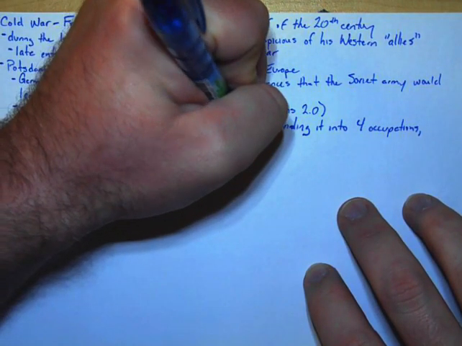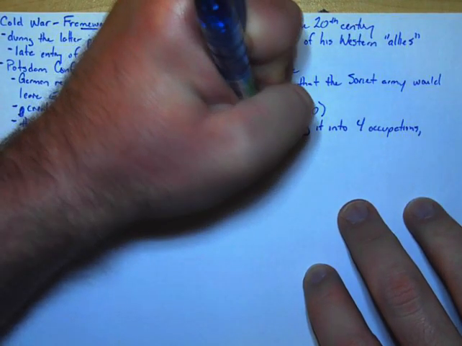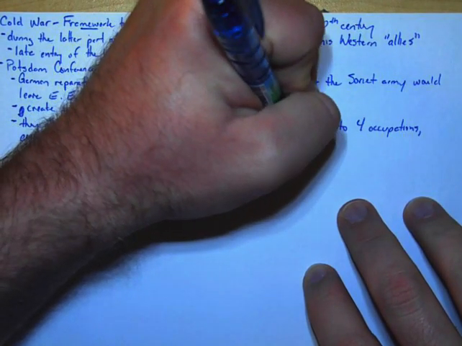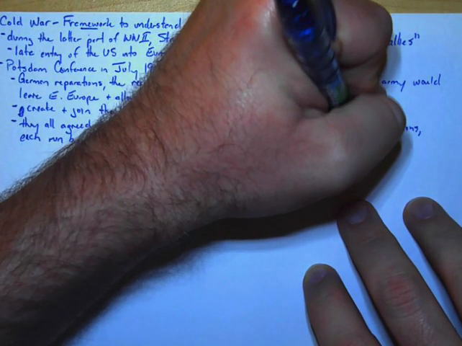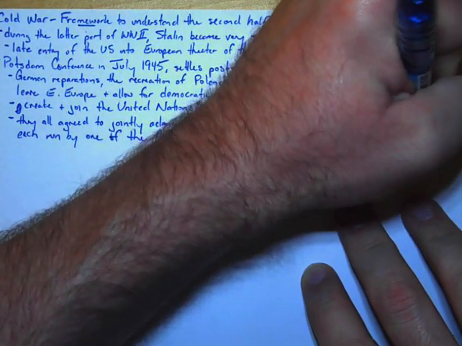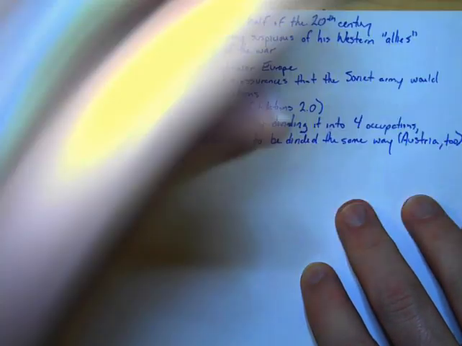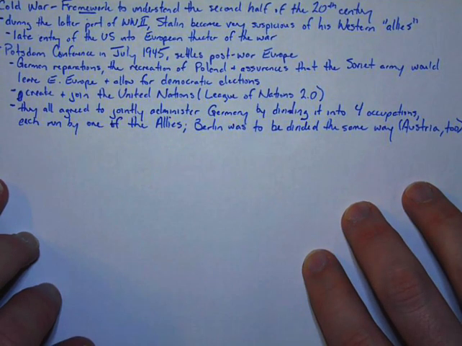Berlin, the capital of Germany, was to be divided the same way. And on top of this, Austria was divided the same way too. But we're not really worried about Austria, and we'll wrap their story up in just a minute.